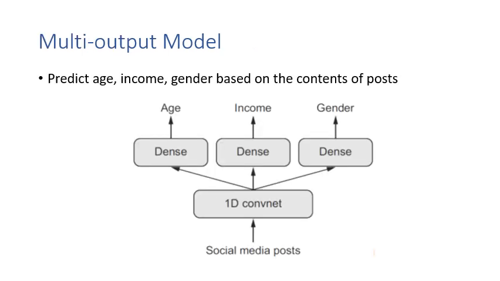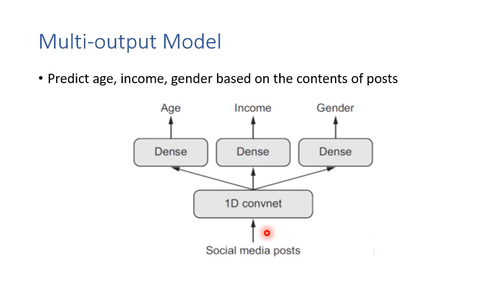Now let's look at the multi-output model. Suppose we have social media post data, and we want to predict the profile of the author of the post. For example, we want to predict the age, or the income level, or the gender of the author of the post.